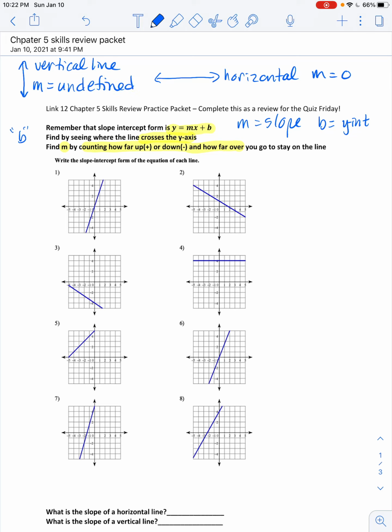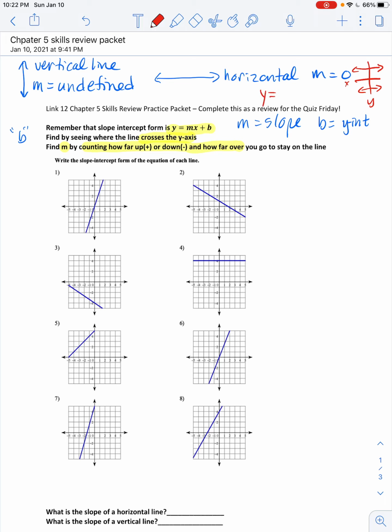This is all review from chapter 5, but it's a lot to take in, so I want to talk about it again. When you write an equation for a horizontal line, you can't really use slope-intercept form because it only crosses the y-axis. So if I had an x and y-axis to graph, a horizontal line is only ever going to cross the y-axis. So you don't use mx plus b.